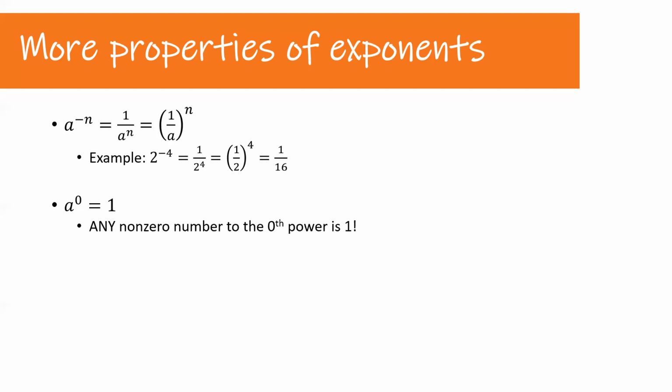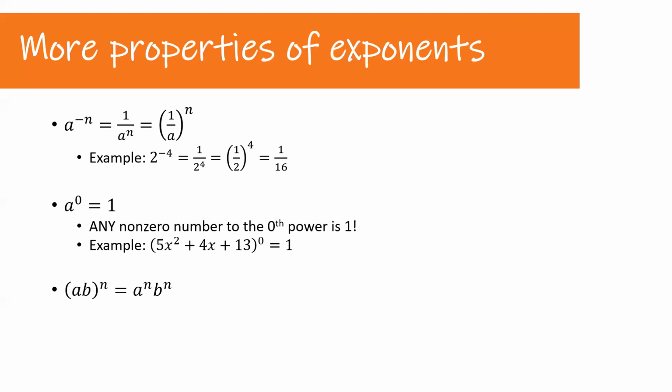Any number, so 1,783,202 to the 0 is still going to be equal to 1, okay? So here if we have that whole quantity of 5x squared plus 4x plus 13 to the 0, that's going to equal 1 because it doesn't matter what those are, it's going to equal 1.